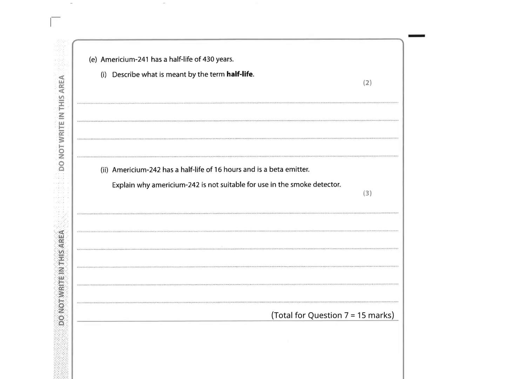So now we're doing a little bit more maths in this. It's saying Americanium has a half-life of 430 years. Describe what is meant by the term half-life. So this is a definition learned.